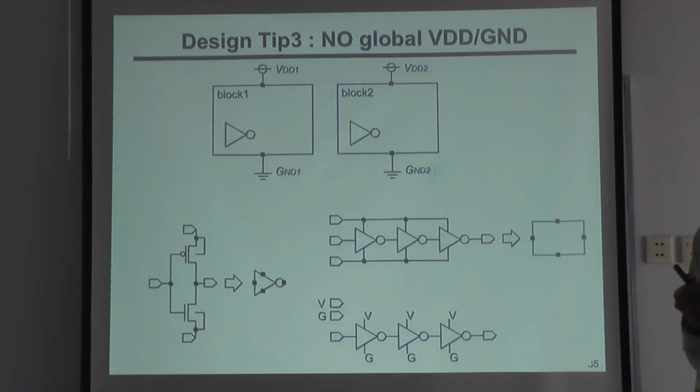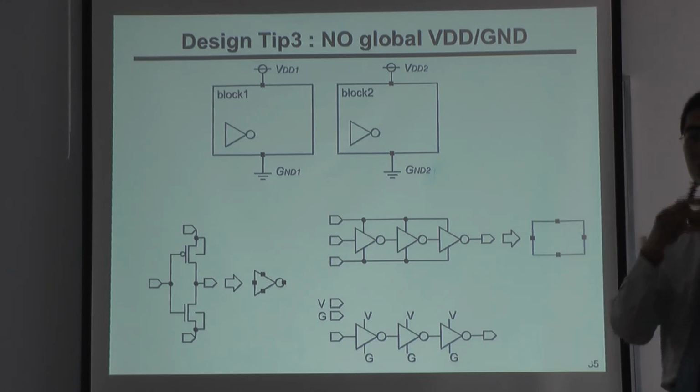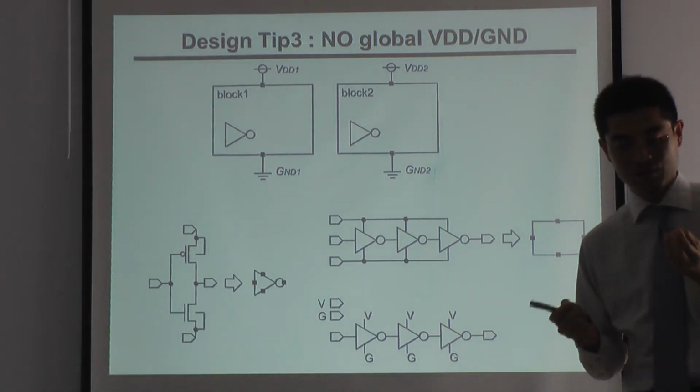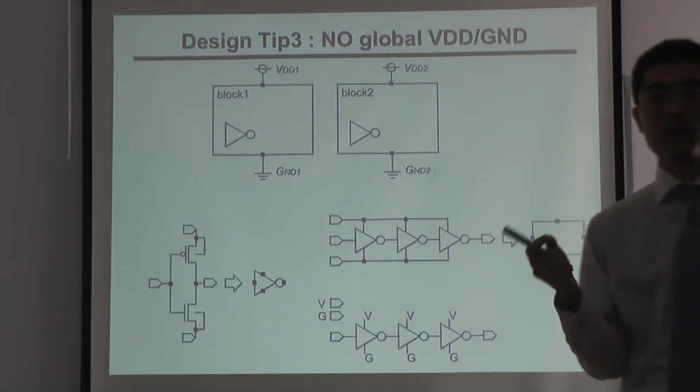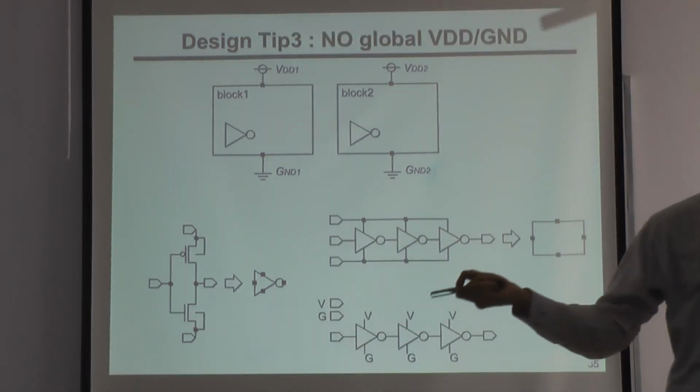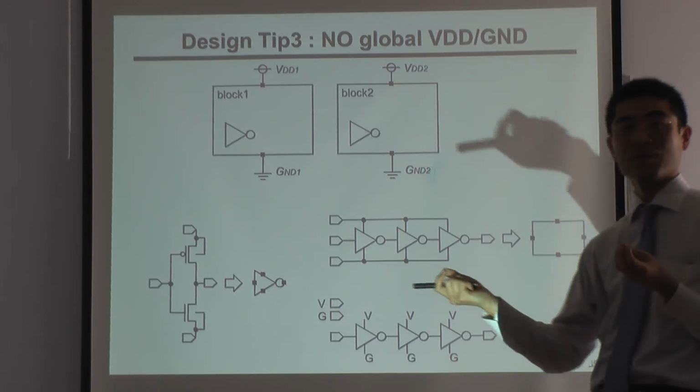But in the end, when you design a whole chip, you want to divide the power supply. Like this area should be power supply 1 and this area should be power supply 2. If you use global, we cannot do that. So we often use, for example, a different power supply for core circuit and a different power supply for I/O circuit. That is a typical example.